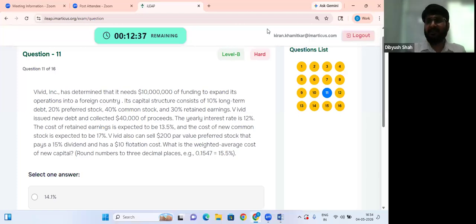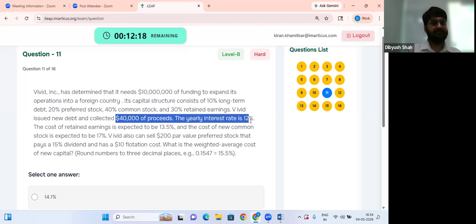Its capital structure consists of what? 10% long-term debt, 20% preferred, 40% equity and 30% retained earnings. Vivid issued new debt and collected 40,000 of proceeds. What is the yearly interest rate? 12%. They have not told us anything about flotation cost, so the effective interest rate is 12% only.